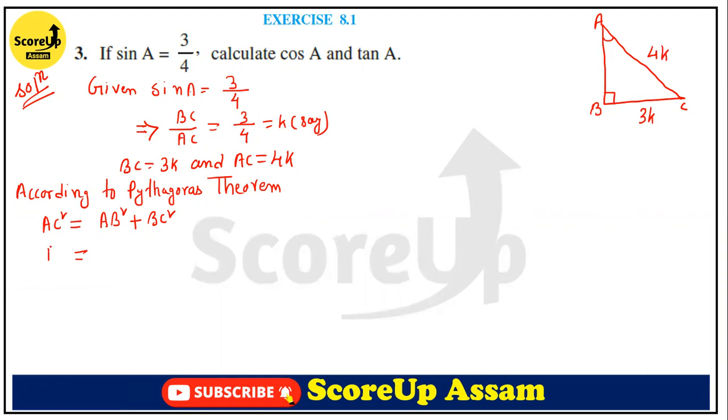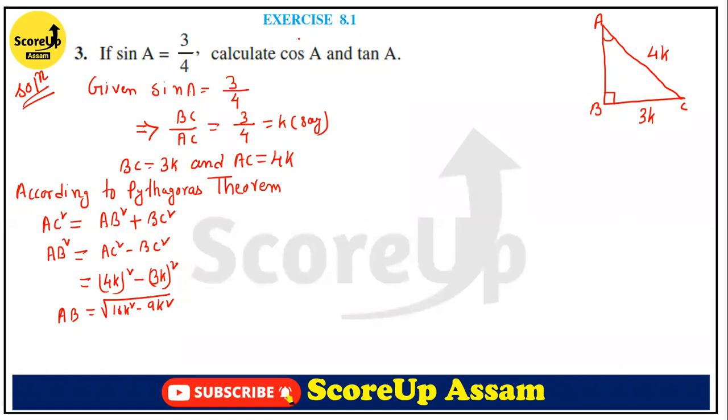So AB square is equal to, if you don't understand any point, any step, just tell me, AB square is equal to AC square minus BC square. So AC means 4K square, BC means 3K whole square. Is it clear? So now AB means root over 16K square minus 9K square.